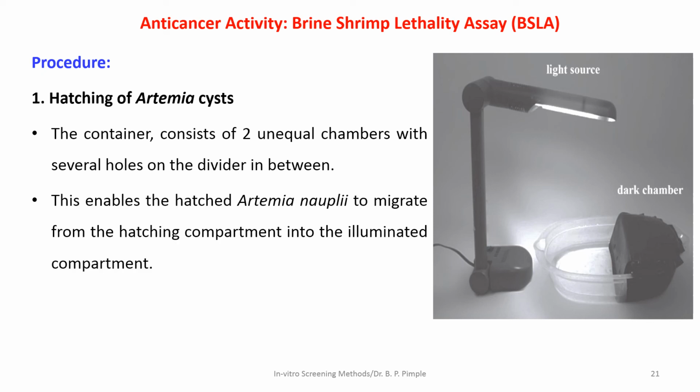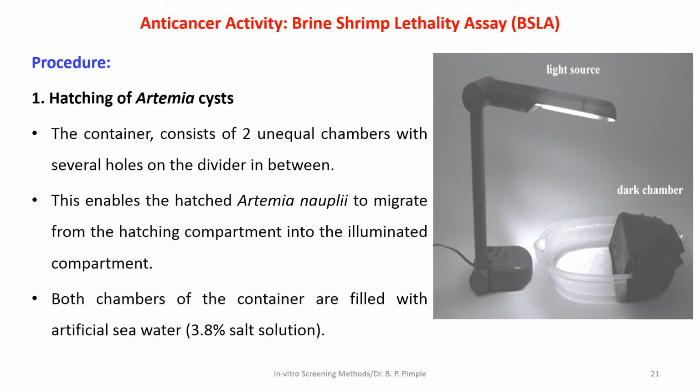Now here the Artemia nauplii hatch out and they migrate from the hatching compartment, that is dark, towards the illuminated compartment. Both the chambers should be filled with artificial seawater.